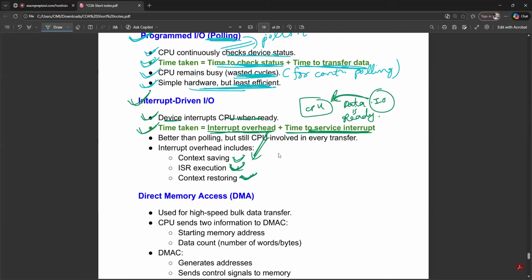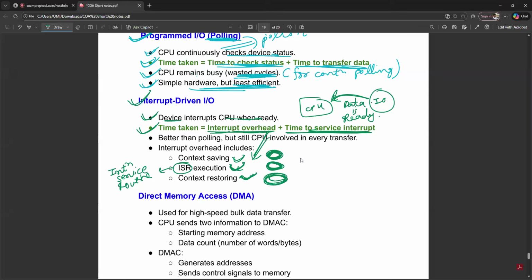Okay. So I told you that whenever an interrupt occurs, three steps will be performed, right? First, the context will be saved. Then it goes to the interrupt service routine, which will be executed, and then the context will be restored.